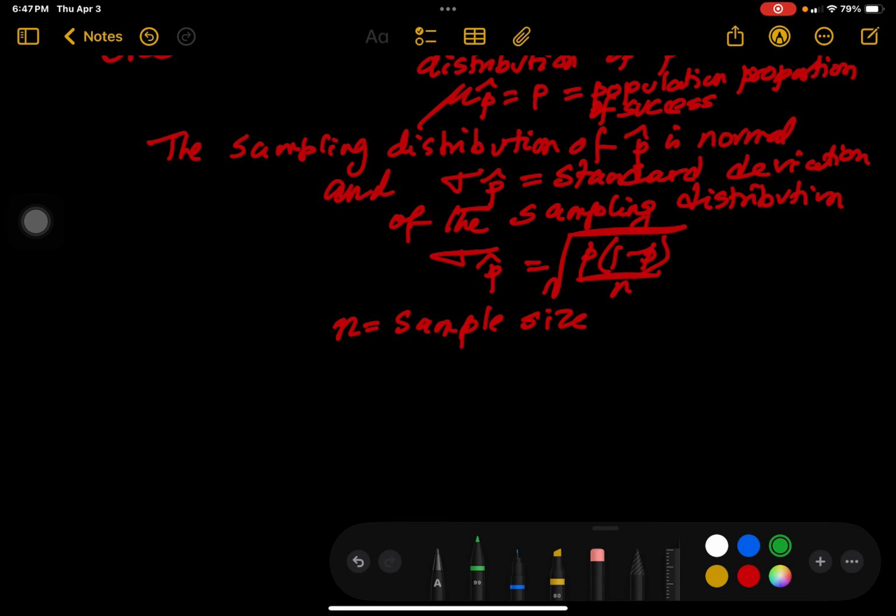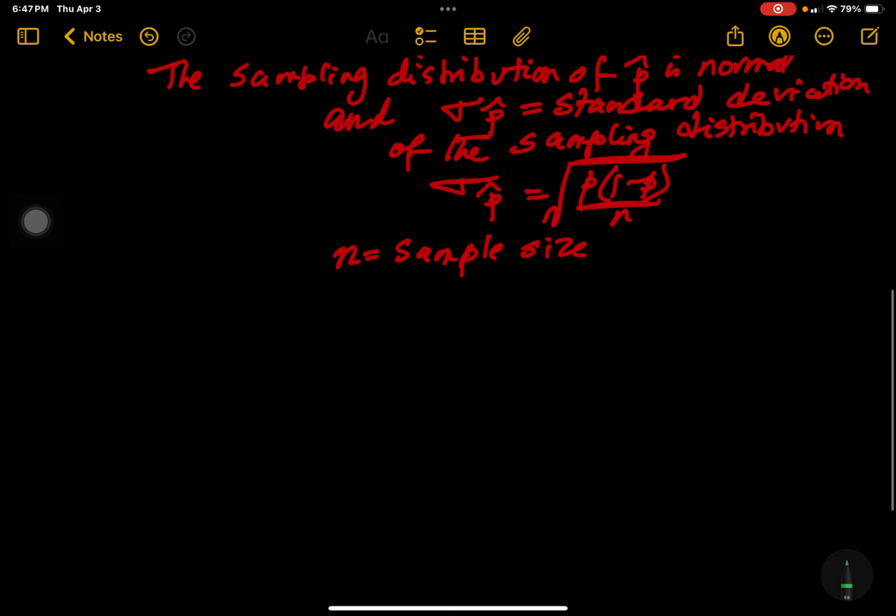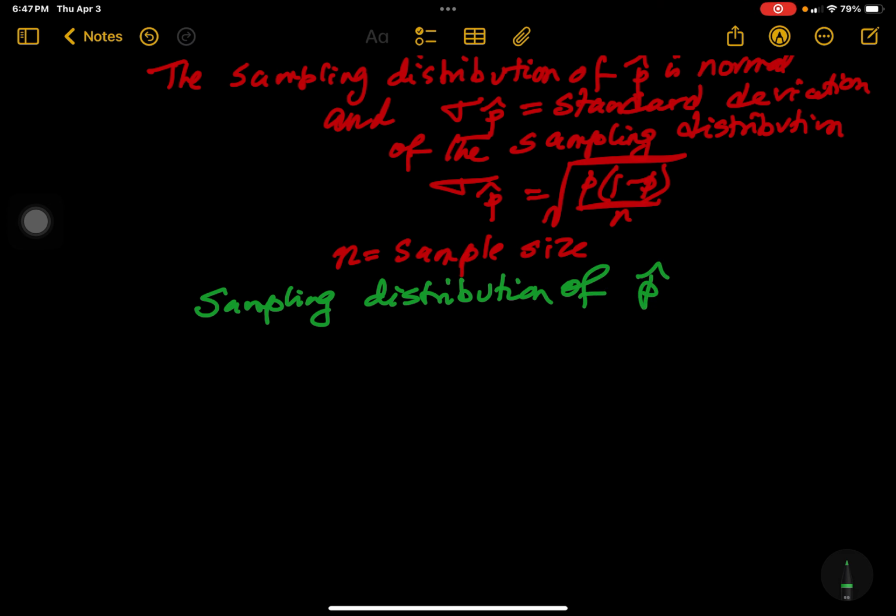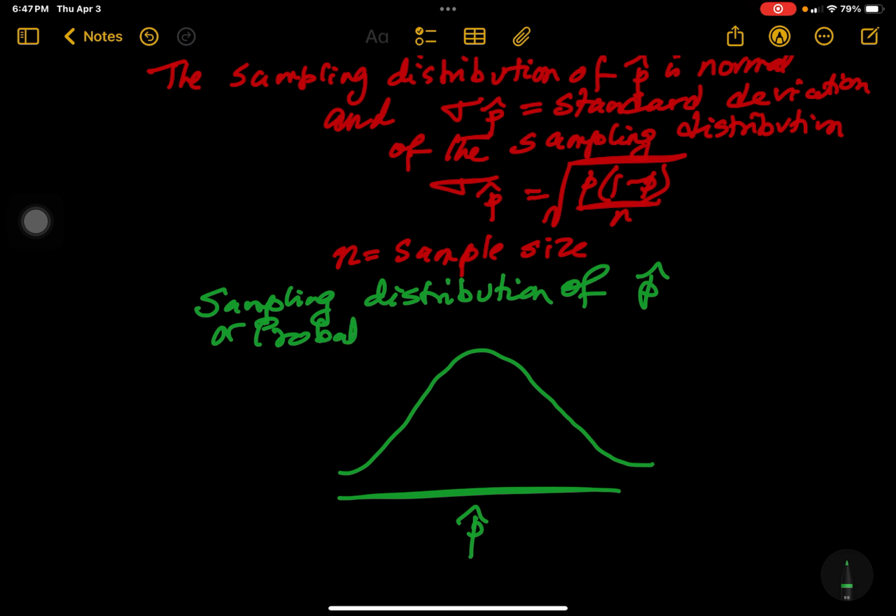So let me draw the sampling distribution of p hat. It looks like this. P hat on the horizontal axis, and we have a bell-shaped curve. Remember, sampling distribution is the same as the probability distribution of p hat.